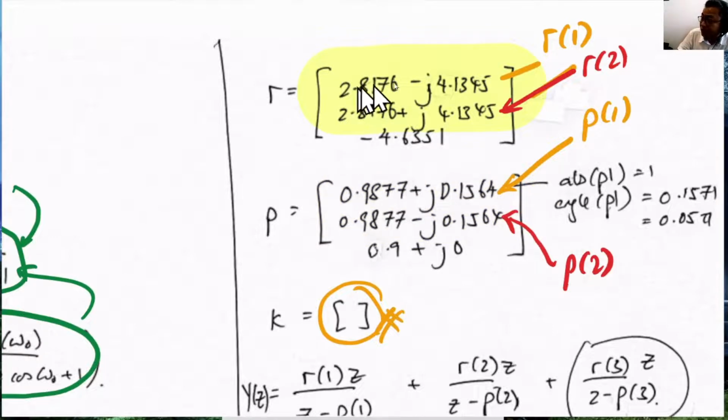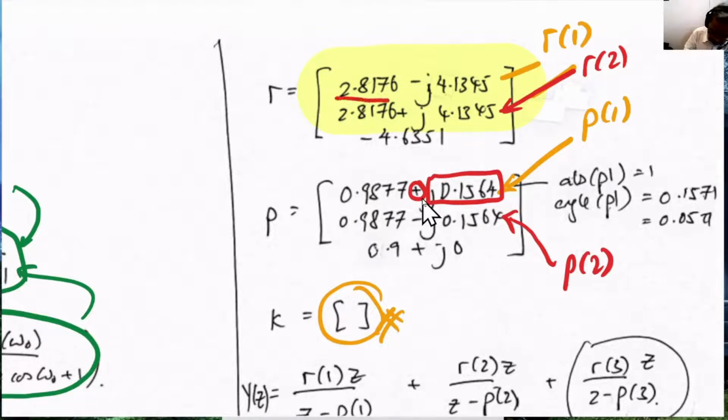Now, R1 must be associated with P1. R2 must be associated with P2. How do we do this? You look at the P's carefully. You have to find the P such that the imaginary part is positive, the positive frequency.